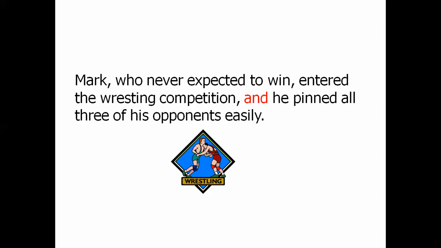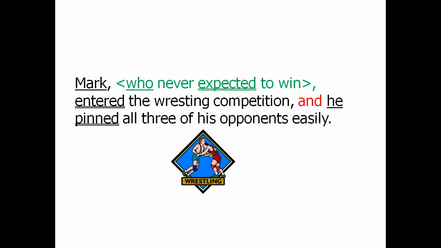Now let's do step 2 and see if it is complex. Do you see the adjective clause? Who never expected to win. It has a subject, it has a verb. So this sentence has 2 independent clauses joined by a conjunction, and it also has a dependent clause.